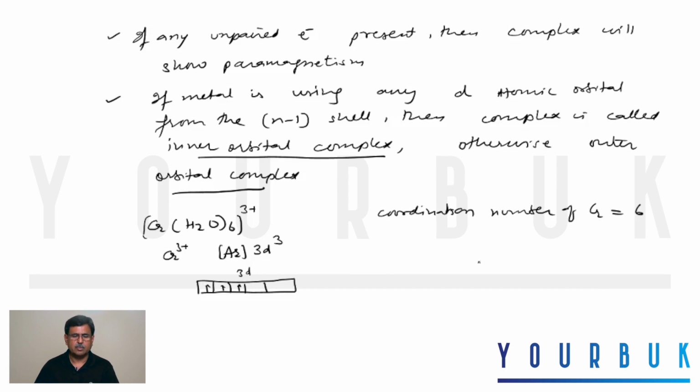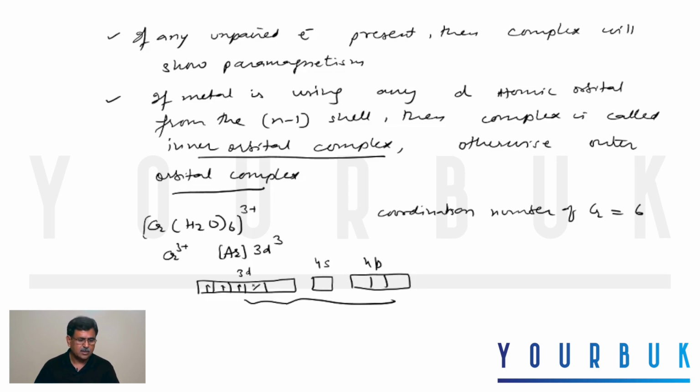Chromium has to provide 6 vacant atomic orbitals, but there are only 2 available in the 3d. So chromium has to use atomic orbitals from the outer shell, the 4th shell: 1 from the 4s and 3 from the 4p. All these 6 empty atomic orbitals hybridize and form hybrid orbitals. Then each hybrid orbital accepts a lone pair from the ligand.